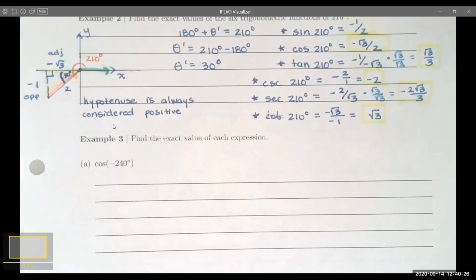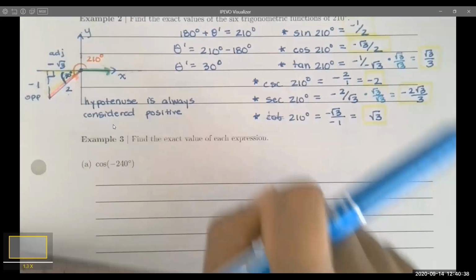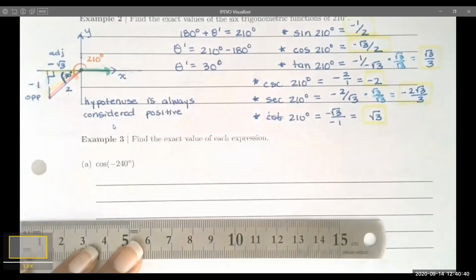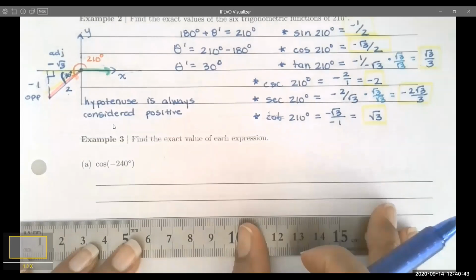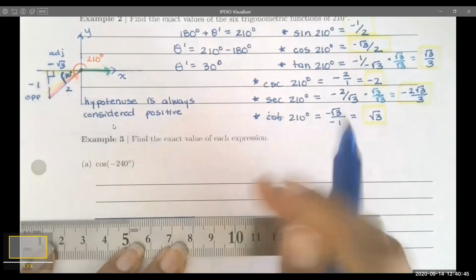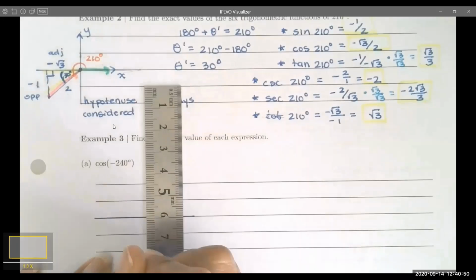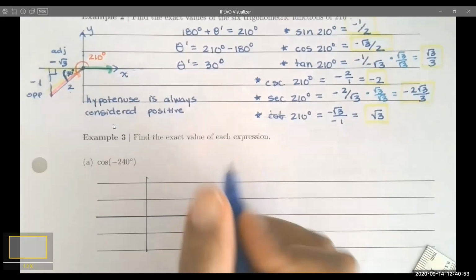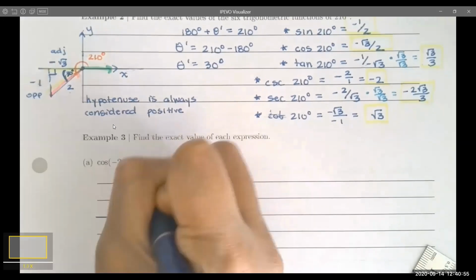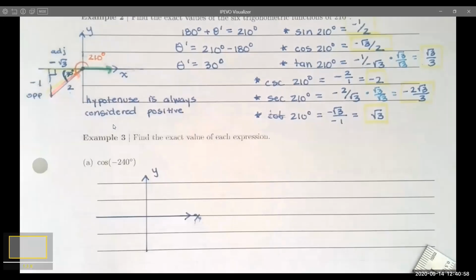Let's try example 3. For this one, we're evaluating cosine of negative 240. So first I want to draw where is negative 240 so I can figure out what is the reference angle and take it from there. Okay, so here's x and y. Initial side is on the positive x-axis.